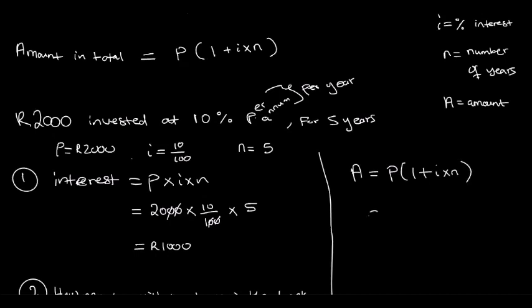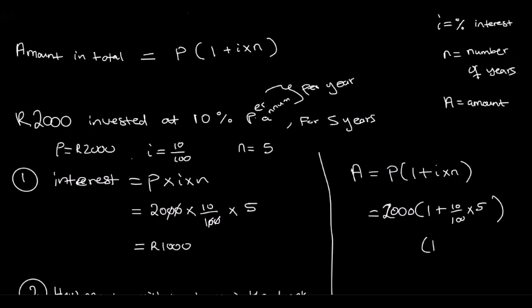So 2000 into 1 plus 10 over 100 times 5.